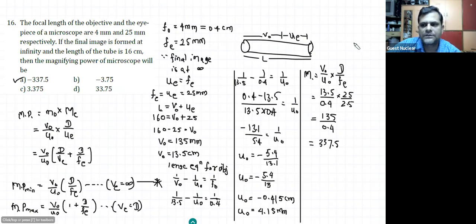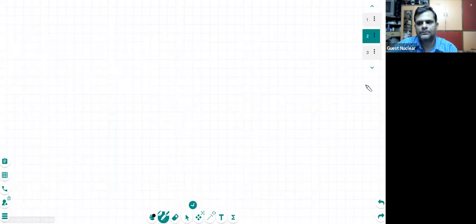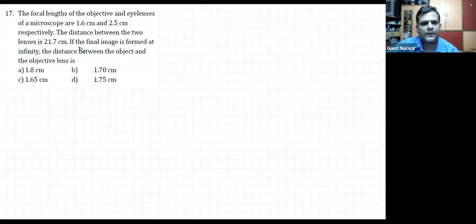Okay, let us see the next question. Yes, question number 17. Just read it carefully. The focal lengths of objective and eyepiece of a microscope are 1.6 and 2.5 centimeter respectively.